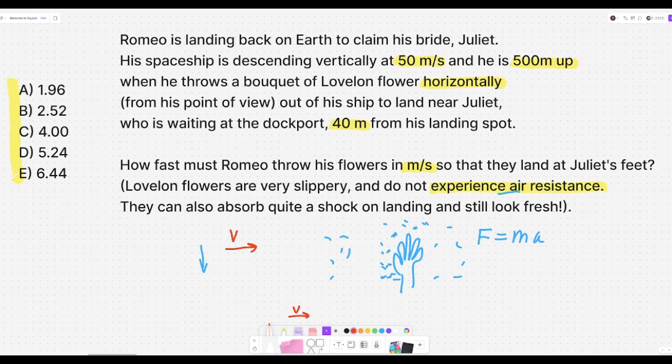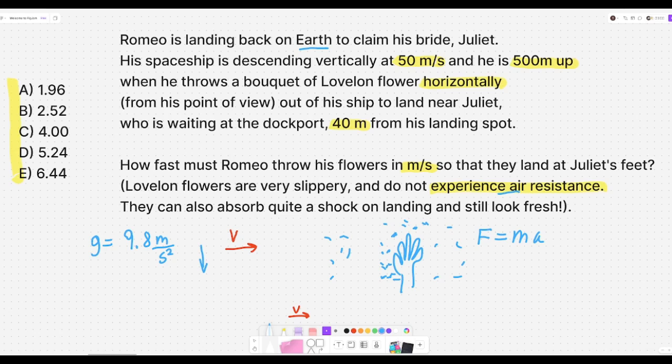What do we know about the vertical velocity? We have the planet Earth, which does have a gravitational acceleration of 9.8 meters per second squared. If we don't have any air resistance, it's going to keep accelerating without limit.